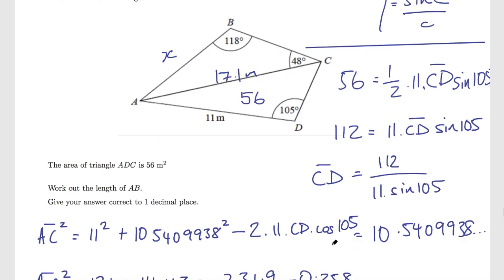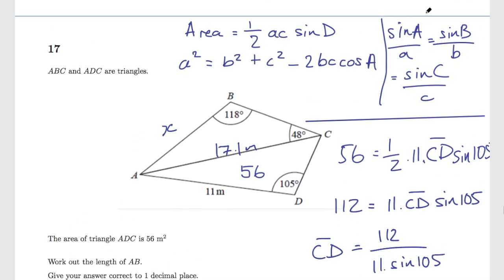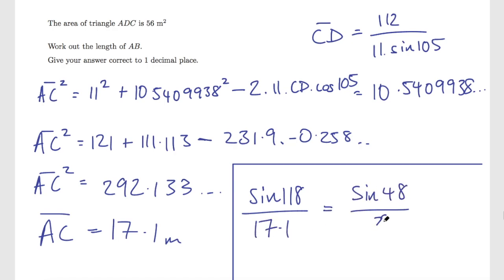And now that I've got this side, I can use the sine rule and use these ratios to find x. So I can say that the sine of 118 divided by 17.1 should equal the sine of 48 over x.